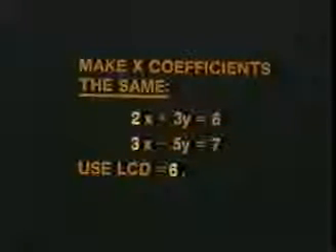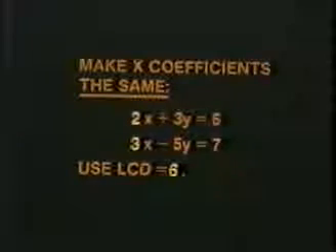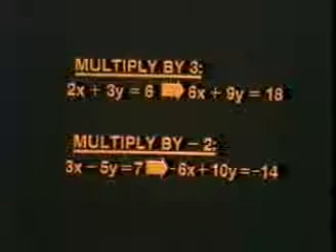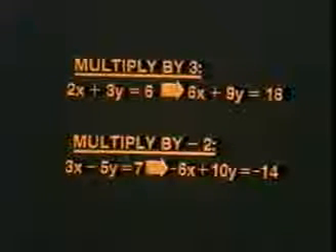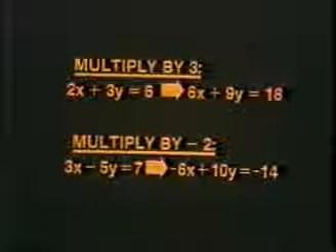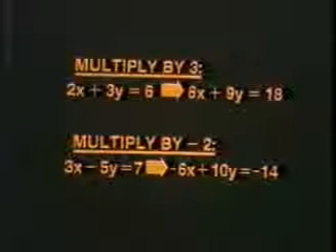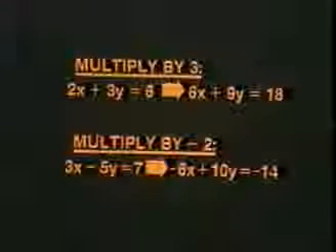What we have to do is to make the x coefficients the same. We can do that by multiplying. Since the lowest common denominator is 6, we have to multiply the entire first equation by 3 and the whole second equation by 2, or even better, by -2.